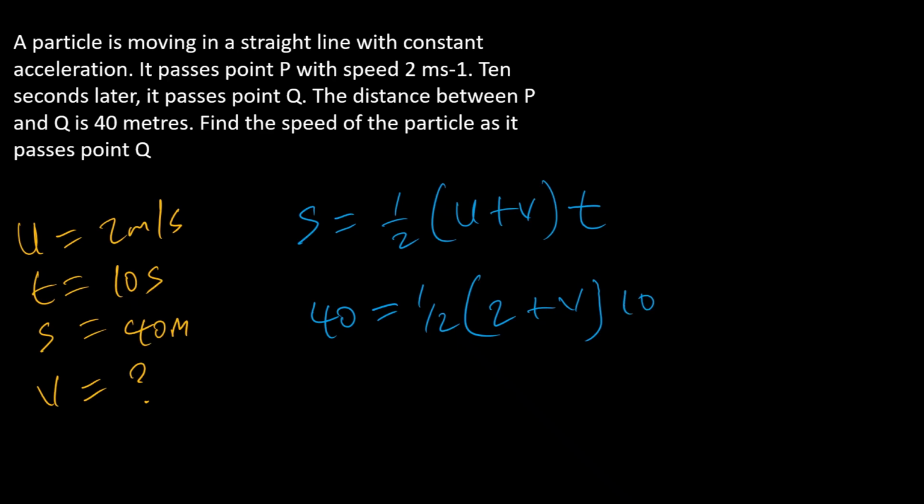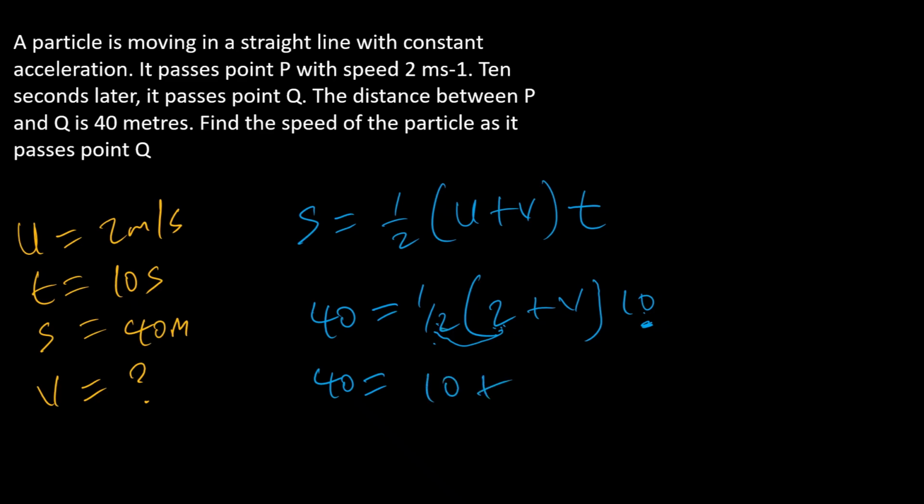Okay, so you can open the bracket by multiplying the values outside the bracket with those inside the bracket, right? So half times 2 will give you 1, right? And 1 times 10 will give you 10. So 40 is equal to 10, right?